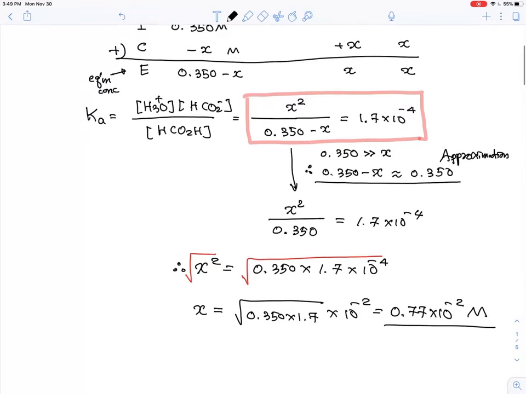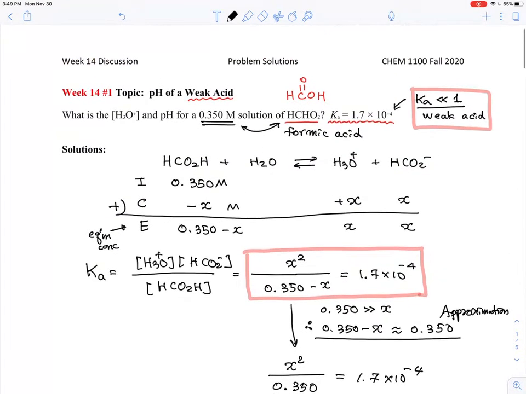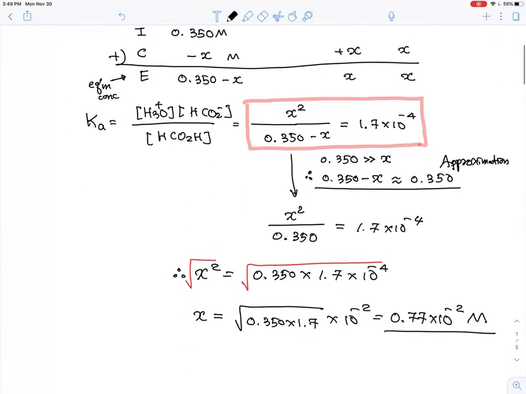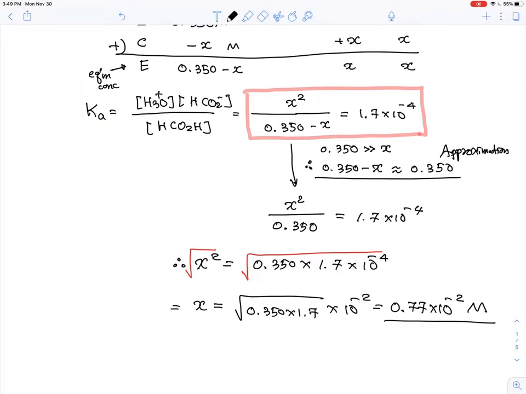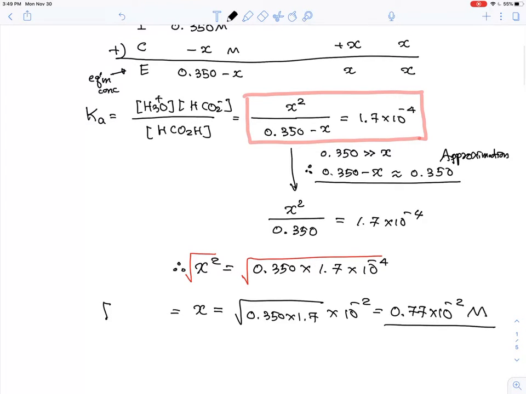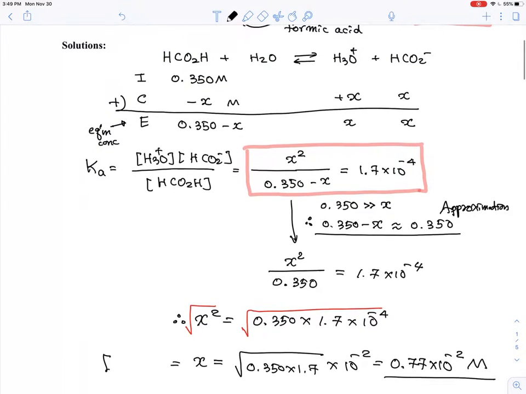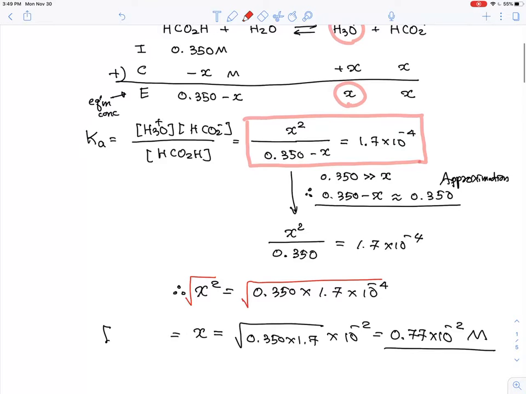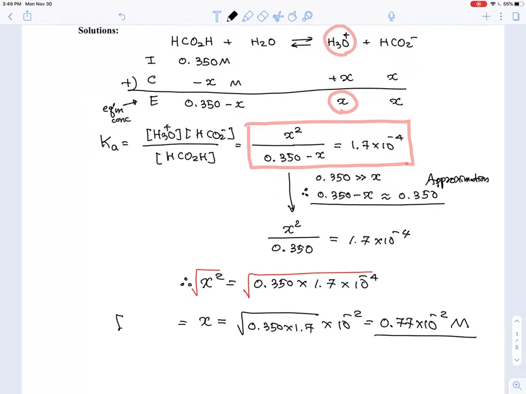Okay, and what the question asks now is the concentration of this value, right? This is actually the same as the X in the equation up there, which I'm going to circle. So this X is the concentration of H plus, and therefore that's H3O plus.